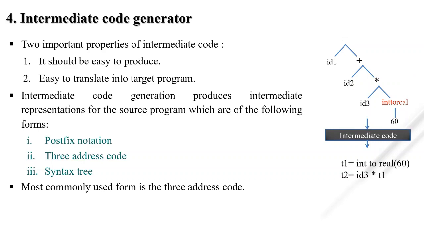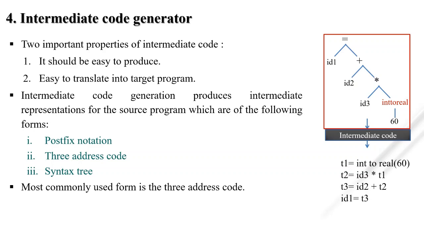Then the whole answer is stored in temporary variable, that is T2. Now the answer stored in temp2 will be added with id2 and stored in temp3. And at last the whole answer stored in temporary 3 is assigned to id1. So id1 equal to T3. This is an intermediate code in the form of three address code.